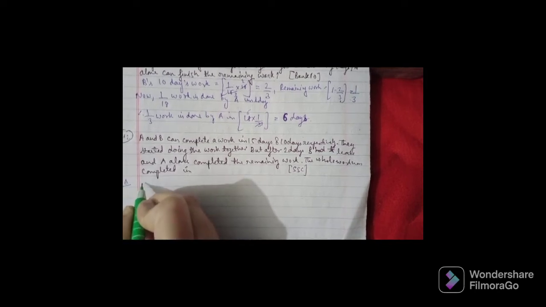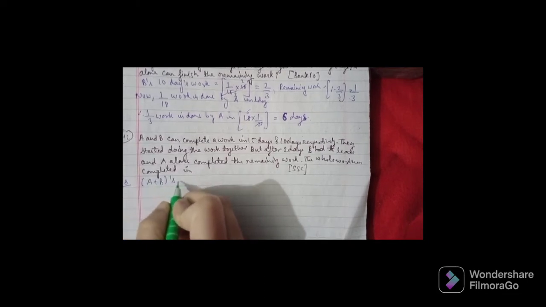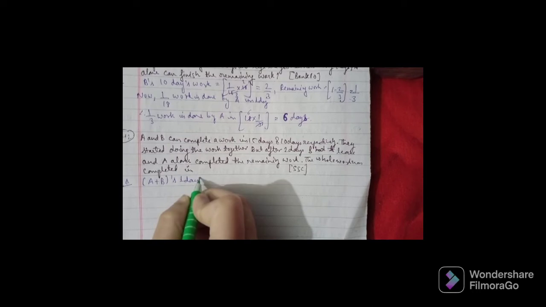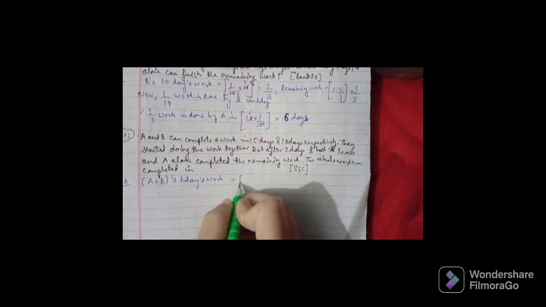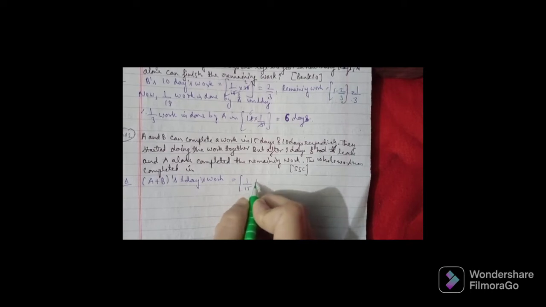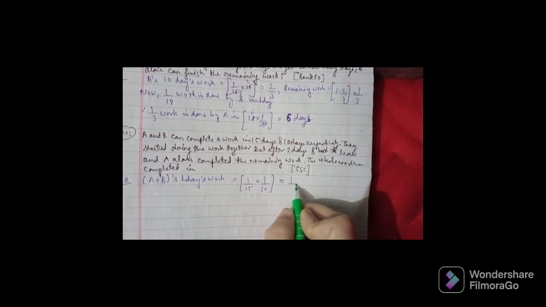A plus B's 1 day's work equals 1 upon 15 plus 1 upon 10, which equals 1 upon 6.